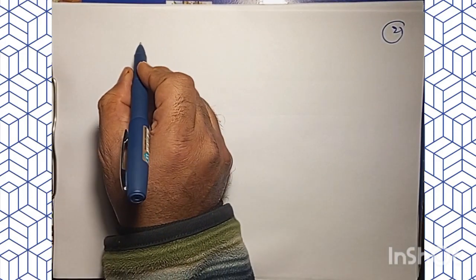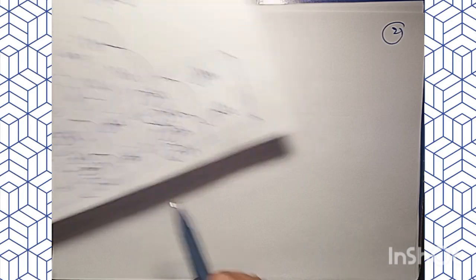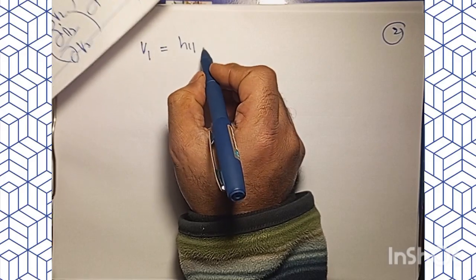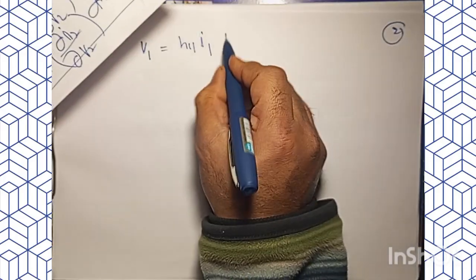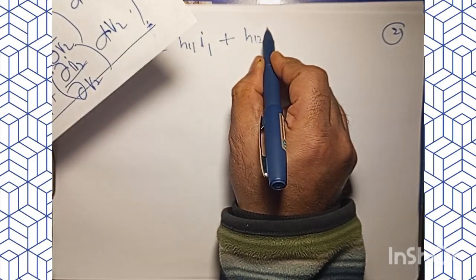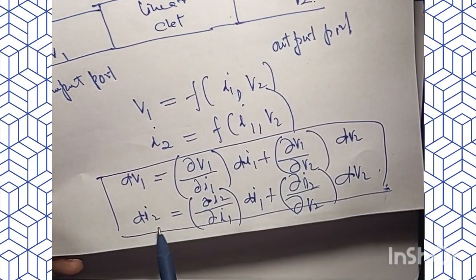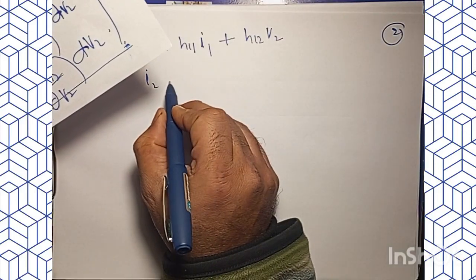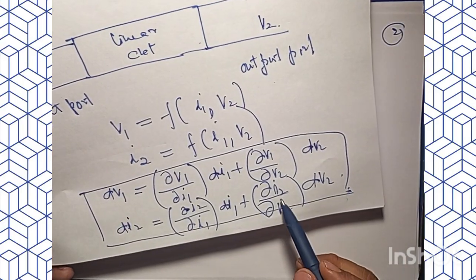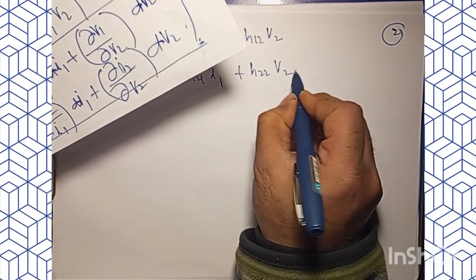Instead of dV1, I would like to write V1. This dou V1 by dou I1 is H11, and then I have I1, plus this dou V1 by dou V2 is H12, and this is V2. And I2 is dou I2 by dou I1, that is H21 I1, plus dou I2 by dou V2, so this is H22 V2.